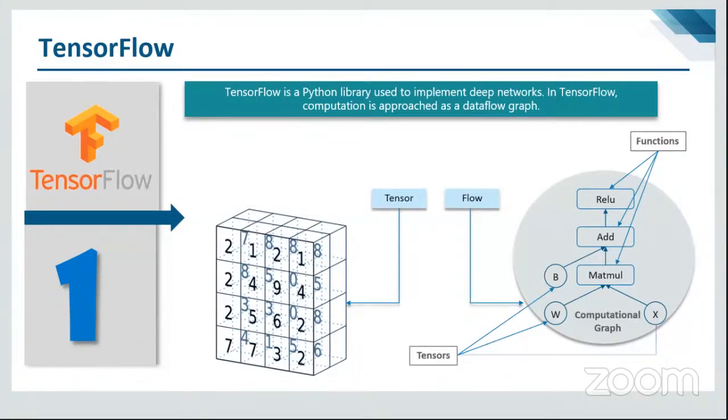Here what happens is, it converts the data into something we call tensors, and you get to push and get the data. So TensorFlow is one of the highly adopted libraries within Python.